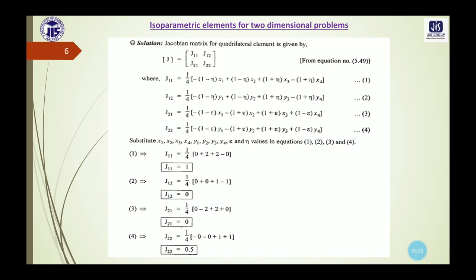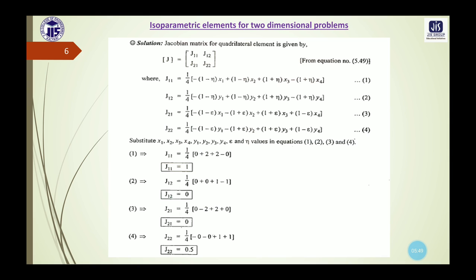First we need to calculate the Jacobian matrix for the given quadrilateral element, and the Jacobian matrix J equals this 2 by 2 matrix, which is J11, J12, J21, J22. Now we need to calculate all these four different matrix elements.